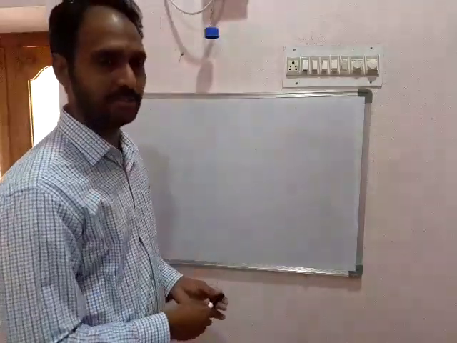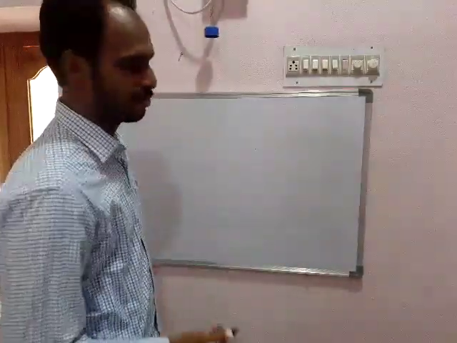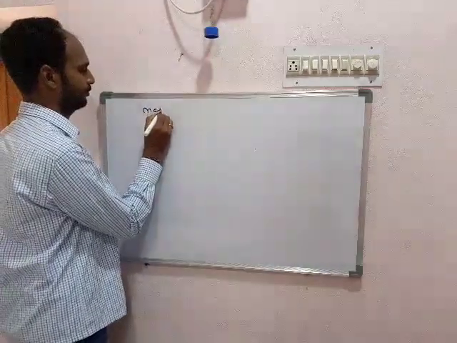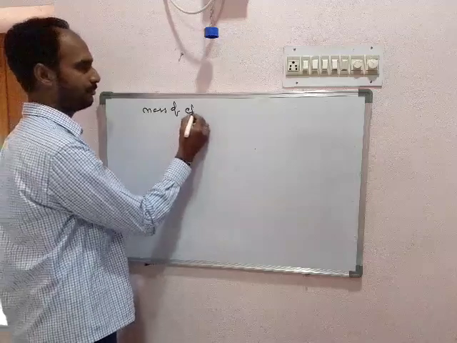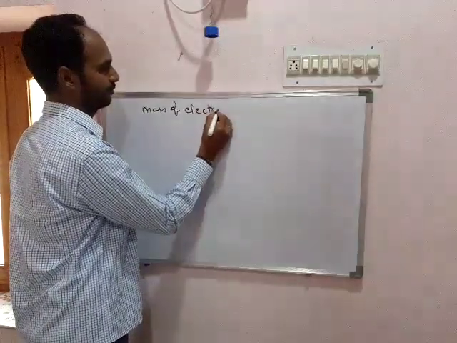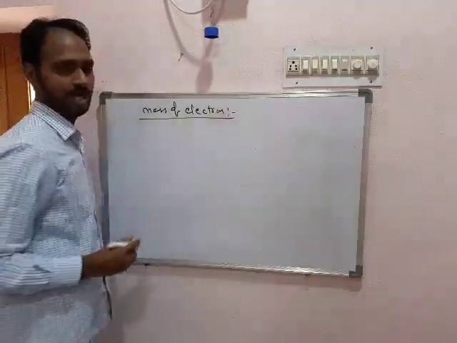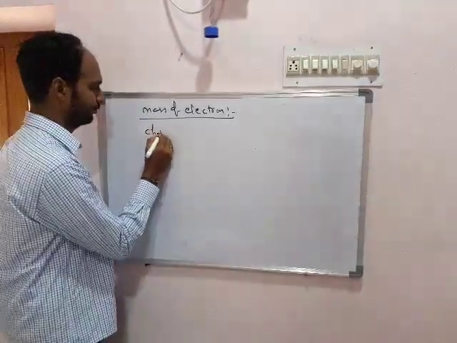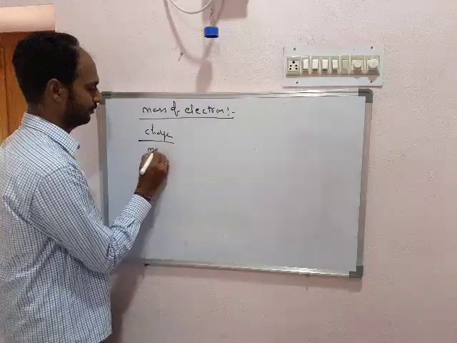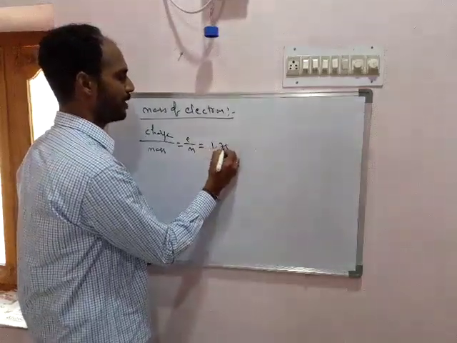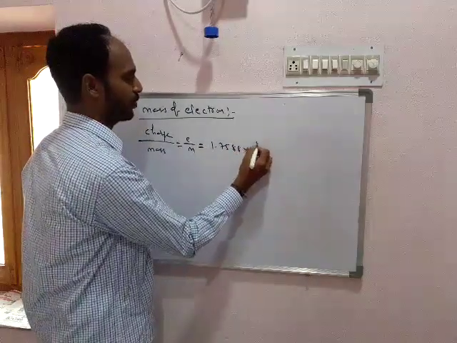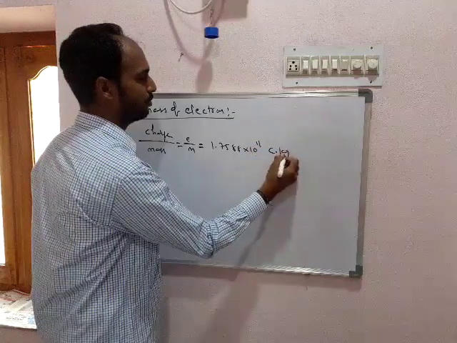Next we calculate the mass of the electron. Already we know the charge to mass ratio value, that is 1.7588 × 10^11 coulomb per kg.